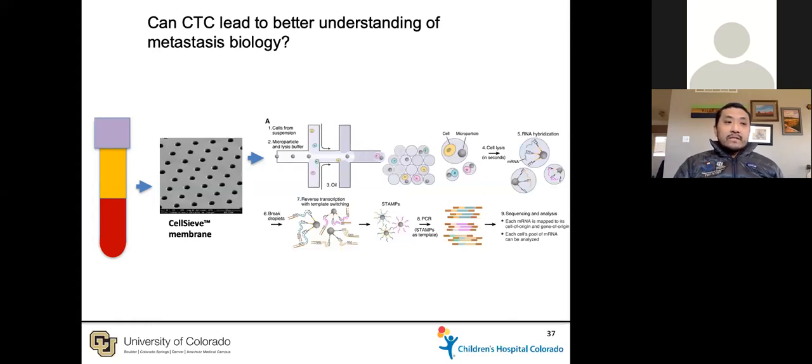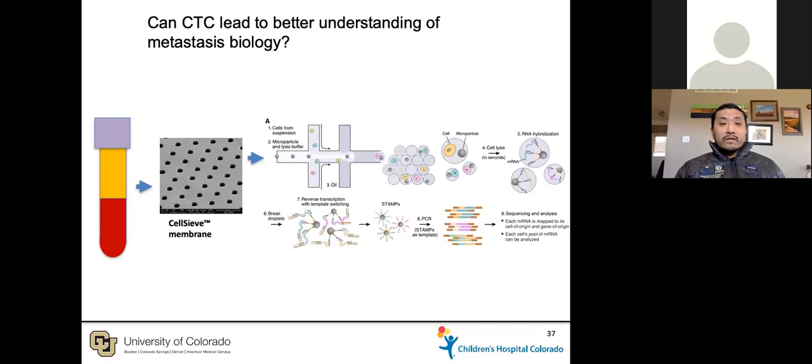Although CTCs, I think, are a really cool platform as a biomarker, the challenge has been that the number that you can collect is really not that high. There are only a few cells that you can collect even in metastatic patients. So our newer approach has been to better understand metastasis biology by looking at CTCs collected through CellSieve.